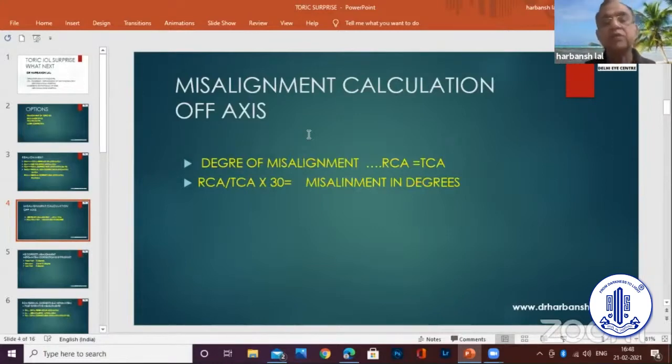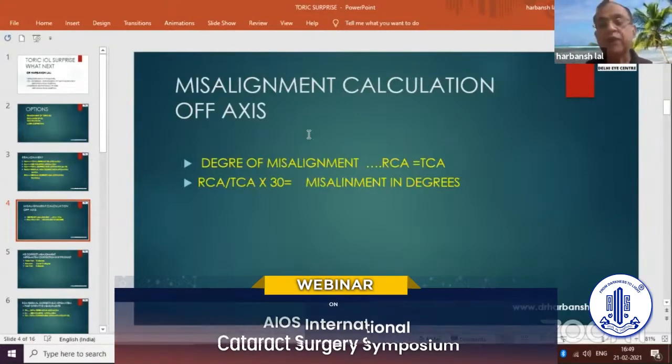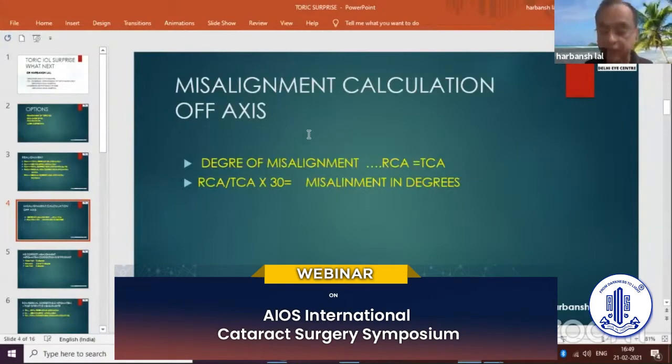So we need to know how much is the misalignment. As we know, if the degree of misalignment was 30 degrees, the residual correctable astigmatism will be the total correctable astigmatism. That means if the IOL is 30 degrees misaligned off axis, there will be no effect of the IOL on the corneal plane.